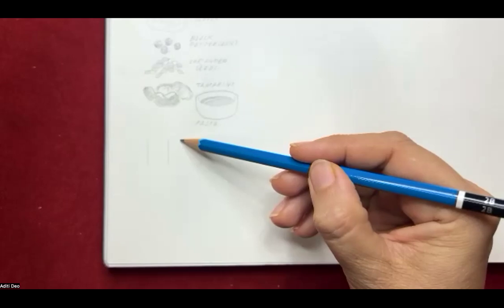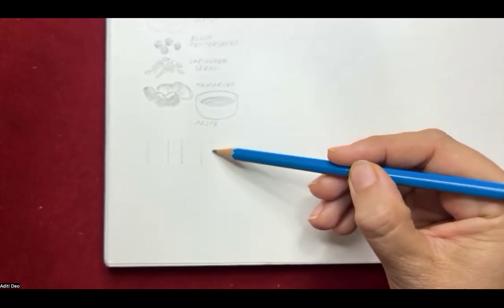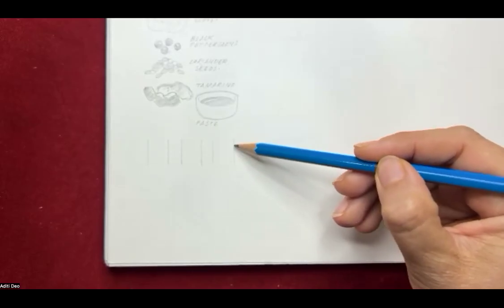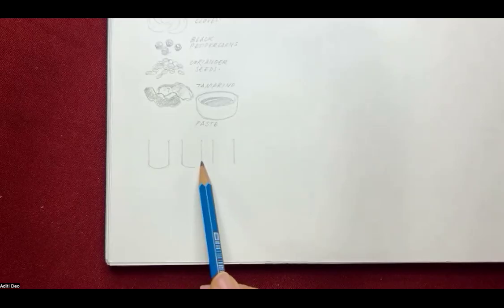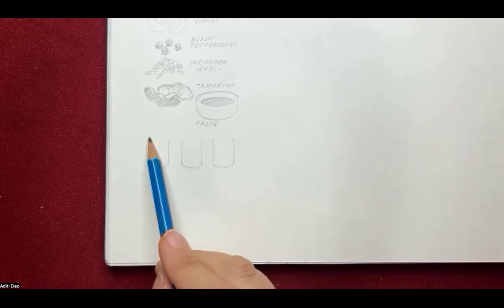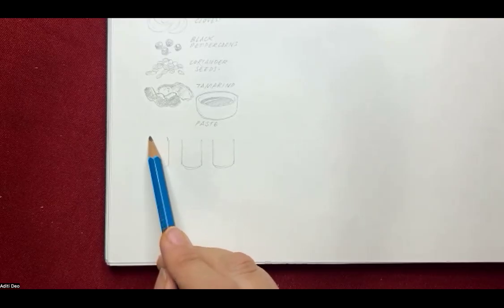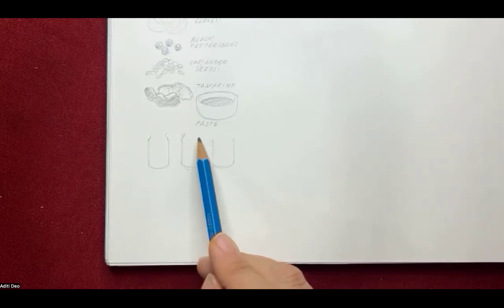So, you just make three sets of parallel lines like this. Keep the distance between them the same. And on the top, we will give them the shape of those old spice bottles.